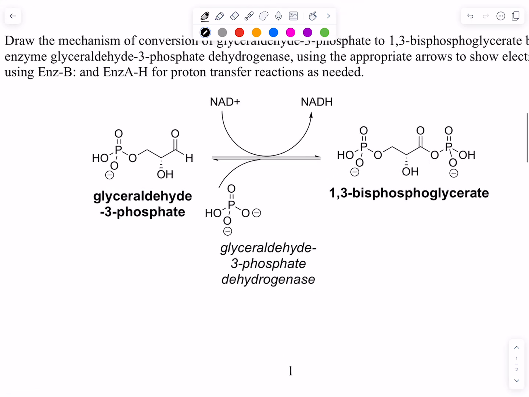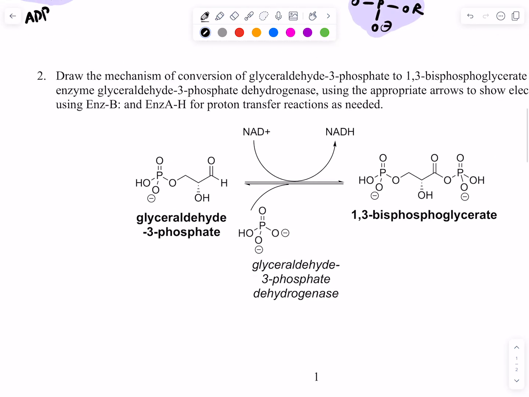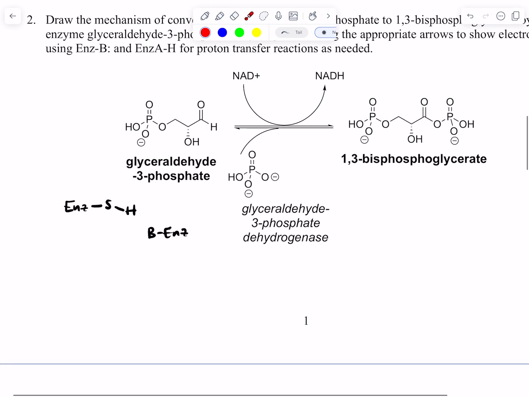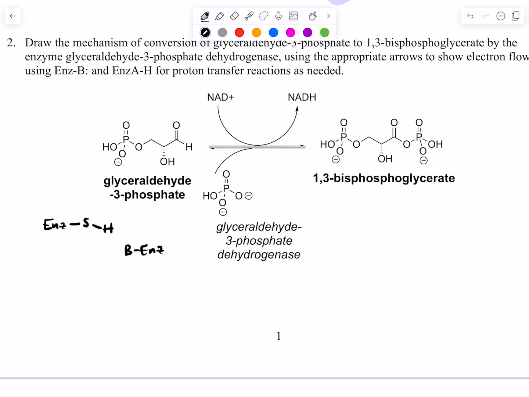I want you to do this one a little bit on your own. Let me give you a hint. The first step of the reaction involves an enzyme side chain that is a thiol. And the enzyme also uses NAD+, which I'm going to remind you of the structure.